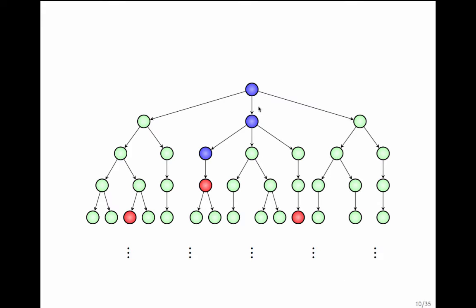Let us look at this tree. Here there exists a path satisfying blue until red. Correct? This is the path, some continuation of this path, and in this path blue is true till the point where red becomes true.